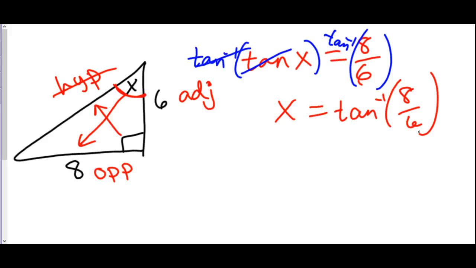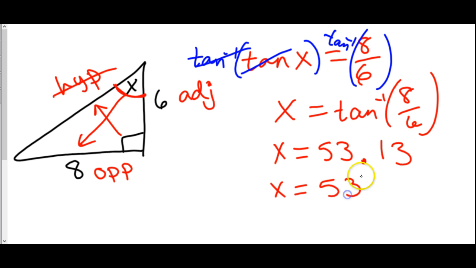By hitting the second button, it makes the tangent button do a second operation. And then plug in the 8 divided by 6. That gives you 53.13. Usually with these, they will round to the nearest whole number, so I would say 53 degrees. And that covers our sine, cosine, and tangent functions.